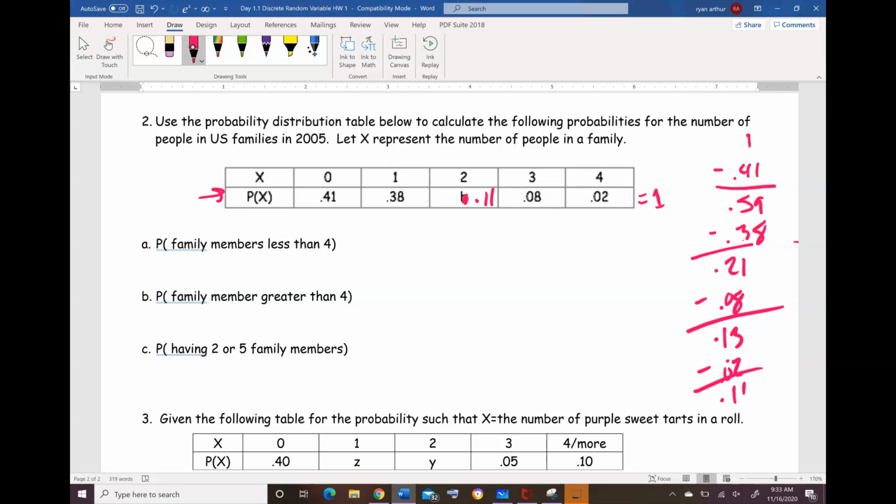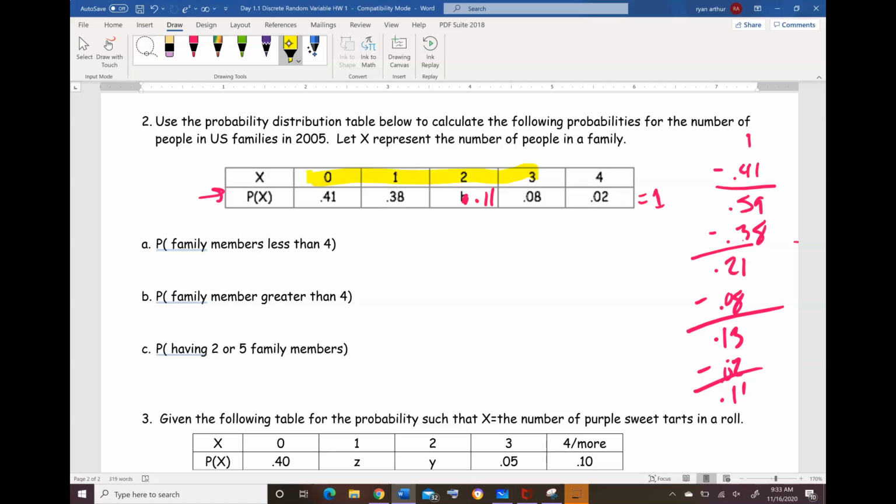Okay, next is going to be answering these questions. Anytime you see P parentheses, it's like, what is the probability of that? So this says, what is the probability that family members are less than 4? So it wants to know, what's the probability of a family having less than 4 members? Less than does not include 4. Okay, so numbers less than 4 are going to be 3, 2, 1, and 0.